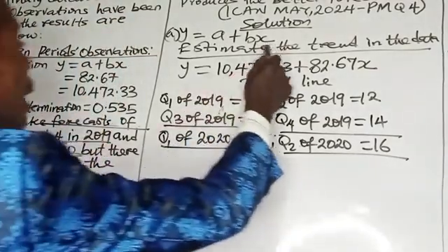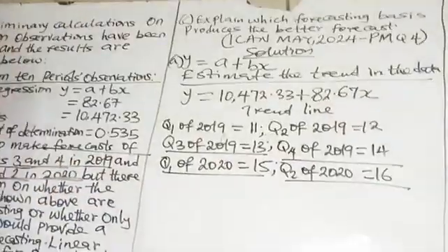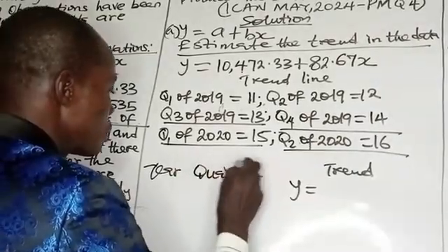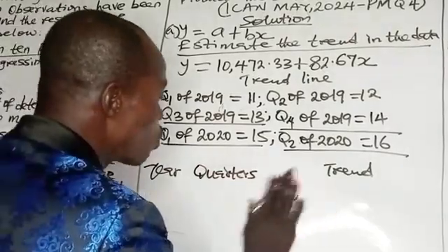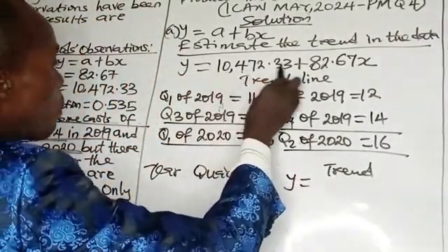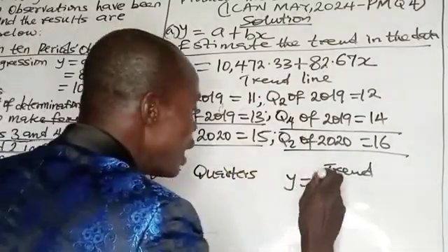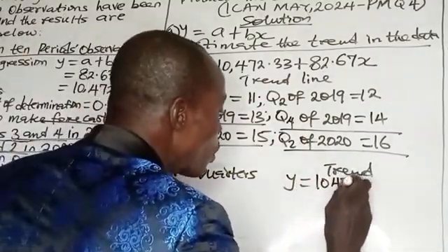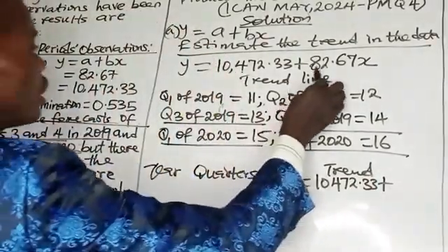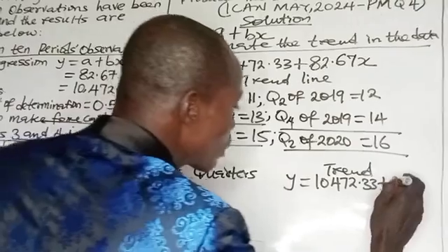So we want to estimate the trend in the data. We have Y equals 10,472.33 plus 82.67x.